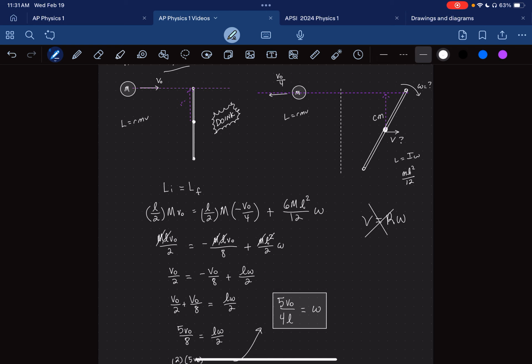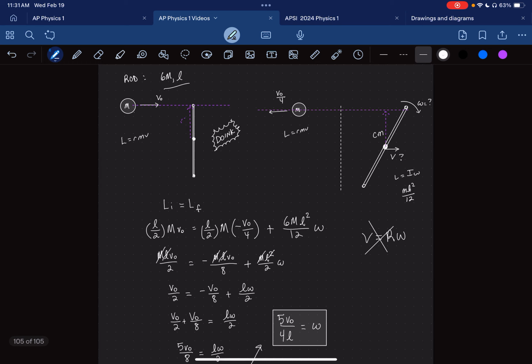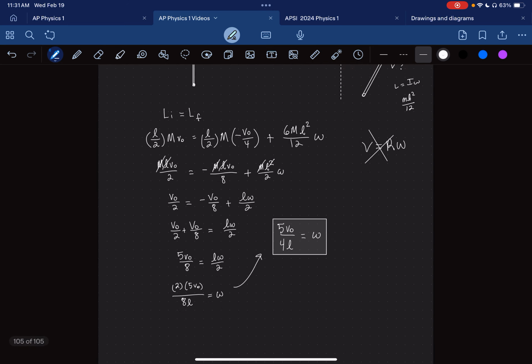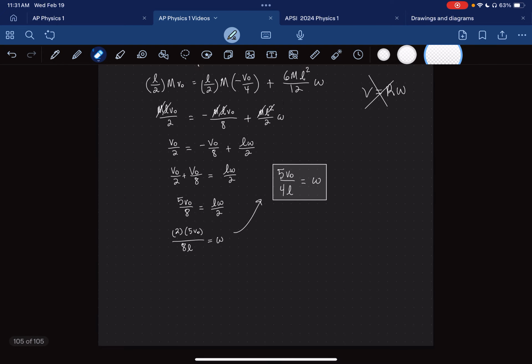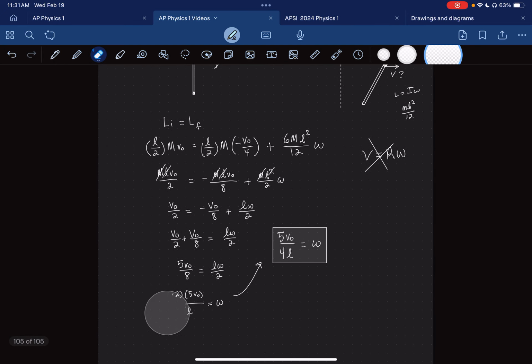Instead, we're going to use something we actually already know. We did this last semester. If an object is moving with some velocity and this object has no velocity and they collide, one object has a new velocity, we can calculate what this velocity is. This is just linear momentum. Hopefully you all have that written down.